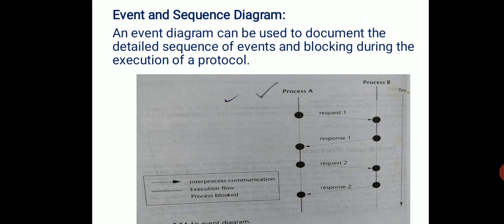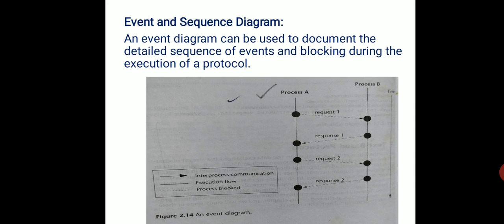Okay, so here process A issues request 1 and unblocks process B. So process B processes the request 1 and sends the response to process A, and process A was blocked, and the response will unblock process A, and process A will execute that response, and again it will send request to process B and unblock process B. Okay, so here this is an event diagram.